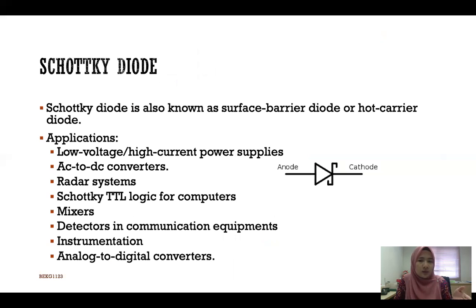Just focus on the slides explaining the basic operation of the diode, the IV characteristic of the diode, and also the Zener diode. For the Schottky diode and photodiode, you don't need to focus, but you can read it by yourself. If you have any questions, you can ask me later.